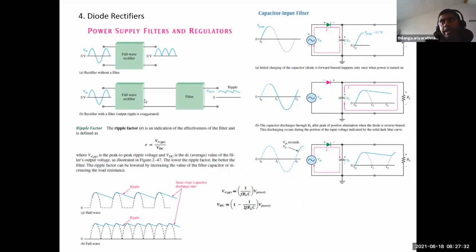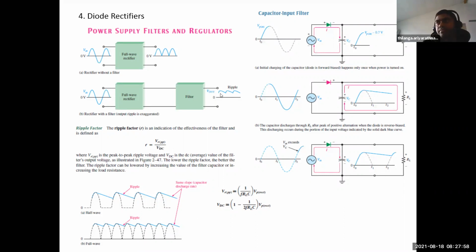I asked you to try different filter capacitors as well. When we replace different capacitors, we can increase or reduce the ripple. It changed, right? So the ripple voltage after the filter stage is all about the filter capacitor.